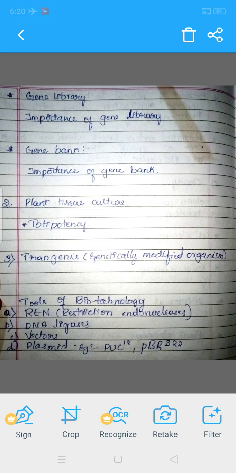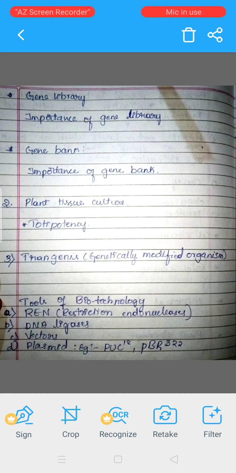While doing so, scientists hit upon a technique whereby plants can be developed into a complete plant from a single cell or a small plant part. This technique is called tissue culture.